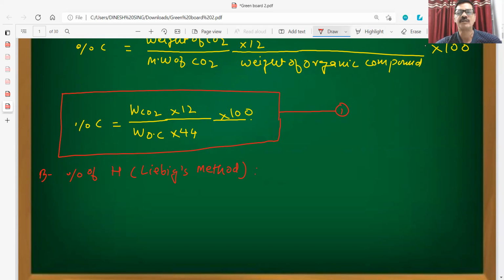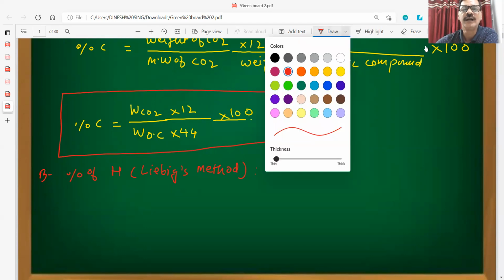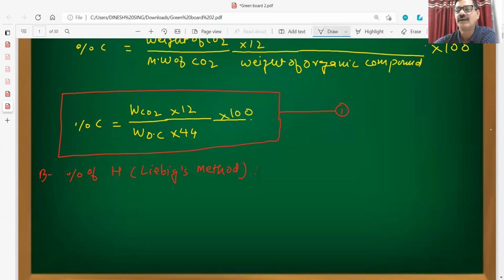Whatever amount of H2O is present, that will be absorbed by anhydrous CaCl2. In that way we can determine the weight of H2O, and from the weight of H2O, the percentage of H will be equals to what?